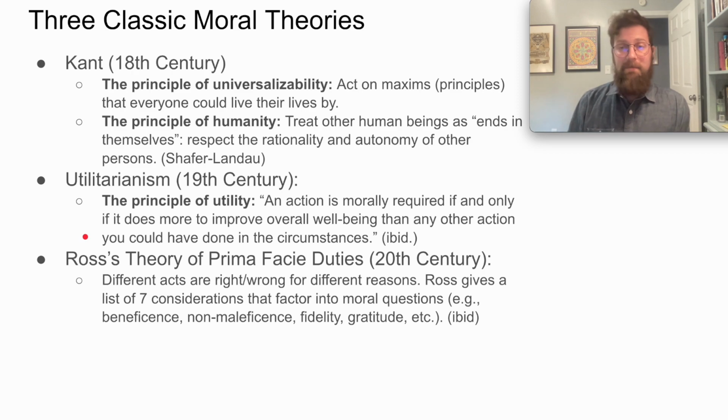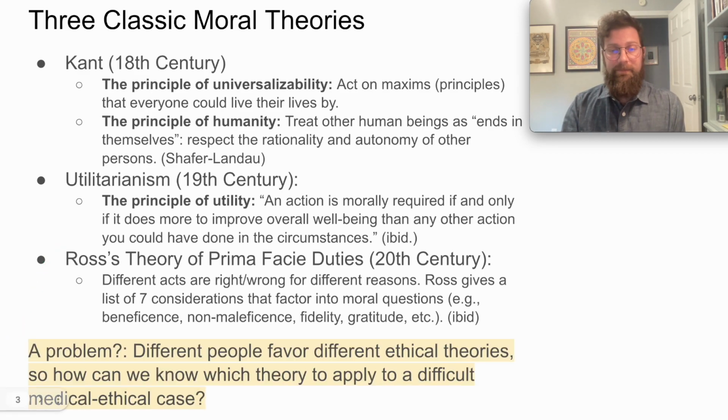And this can arguably be a problem that comes out of learning about a bunch of competing ethical theories, right? Because you might ask yourself, well, some people are Kantians about ethics, some people are utilitarians, some people buy into Ross's theory of prima facie duties. There are other ethical theories.